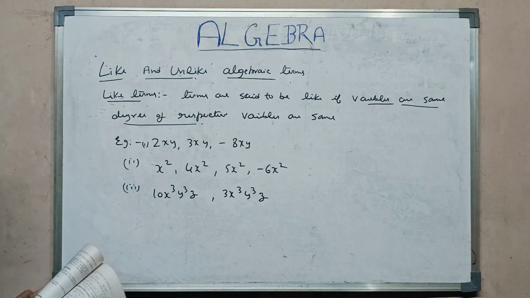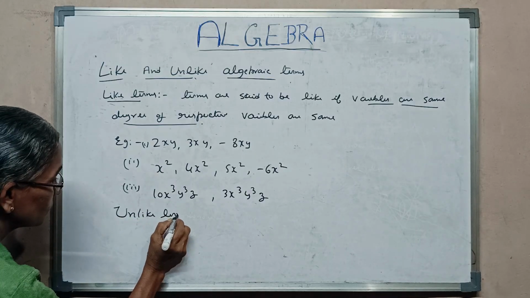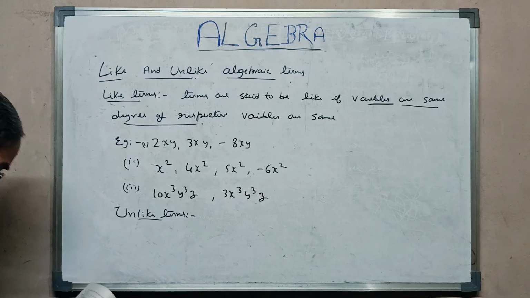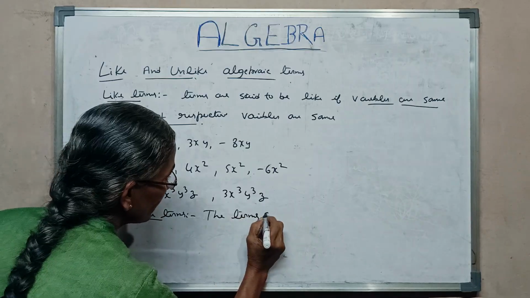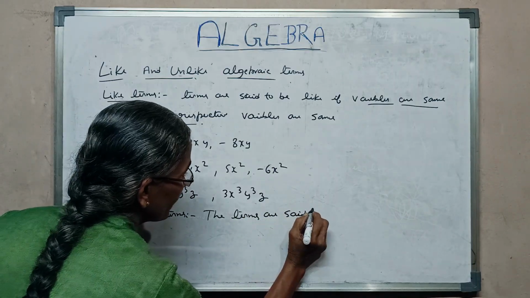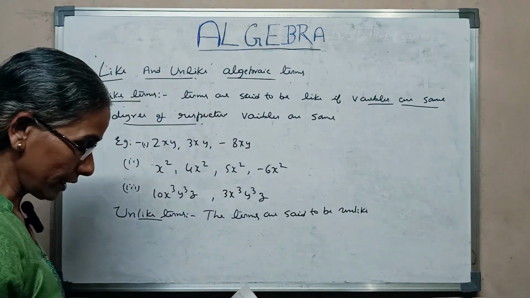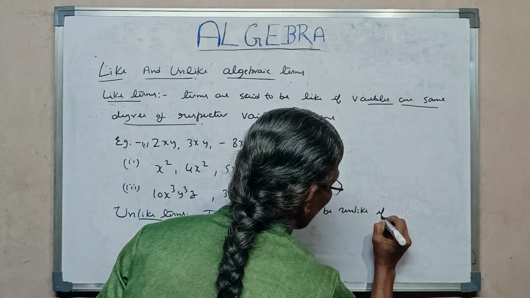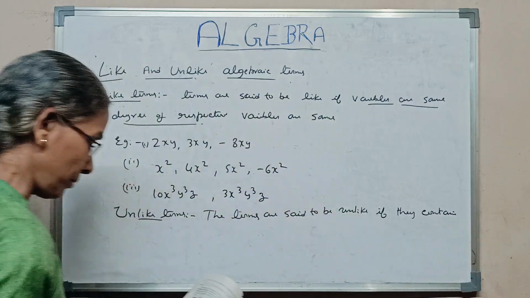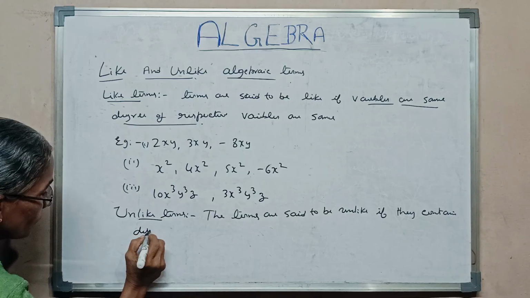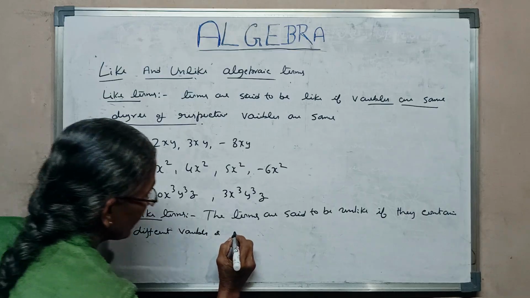Next, unlike terms. Terms are said to be unlike if they contain different variables and different degrees.